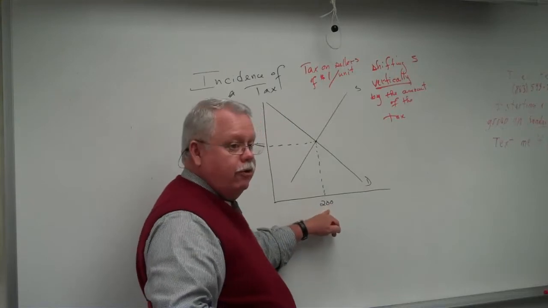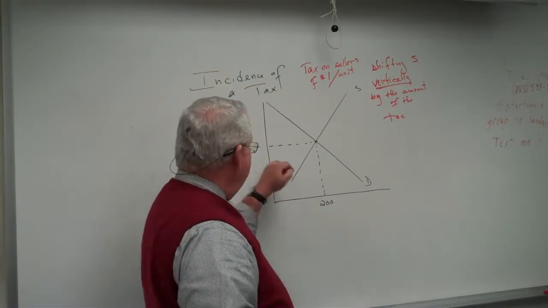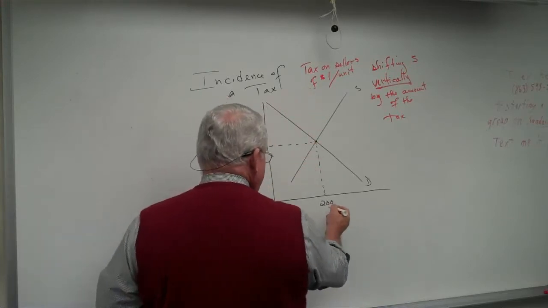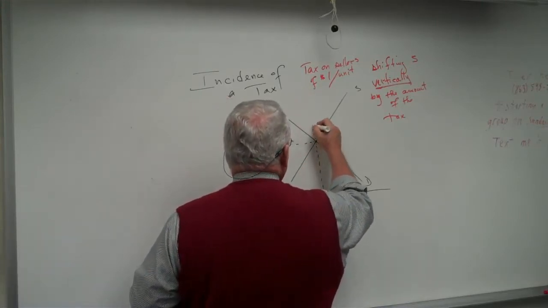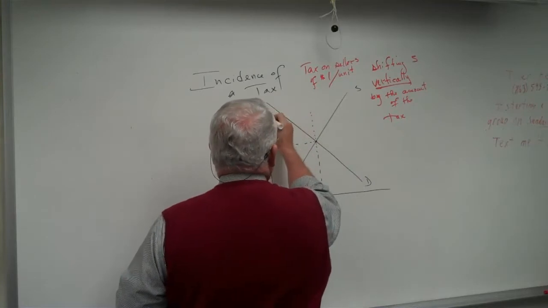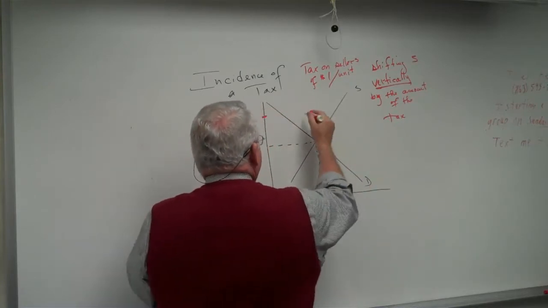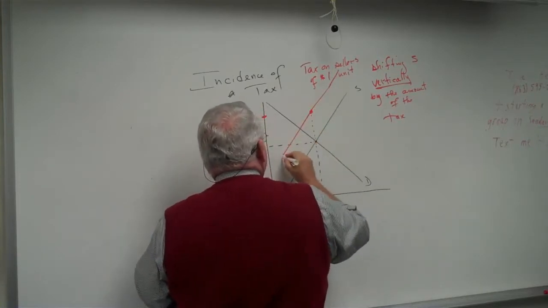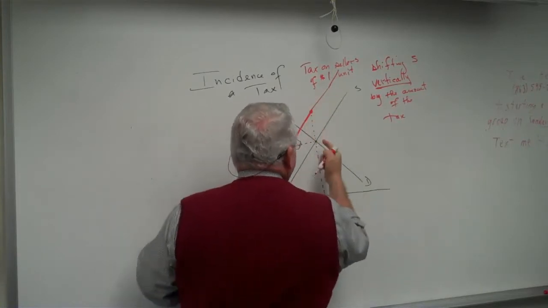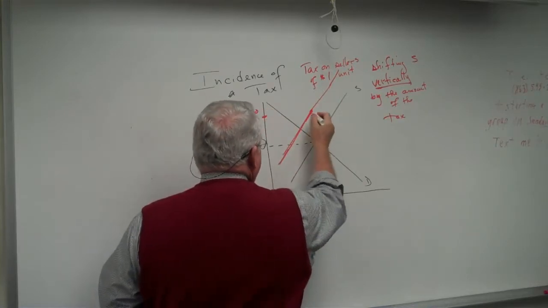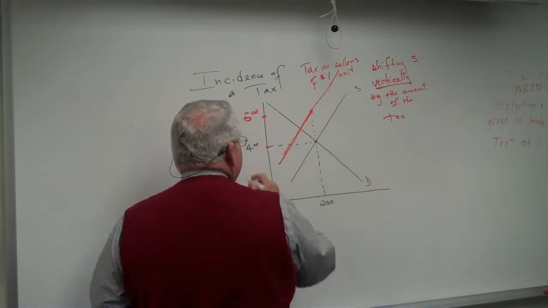It used to be, to sell 200 units, they wanted $4 apiece. Now, in order to cover the tax, to do this many, they need $5 apiece. So we go up to where $5 is and say that's where they are now, so their supply curve has shifted vertically by the amount of the tax. So this distance here is $1.